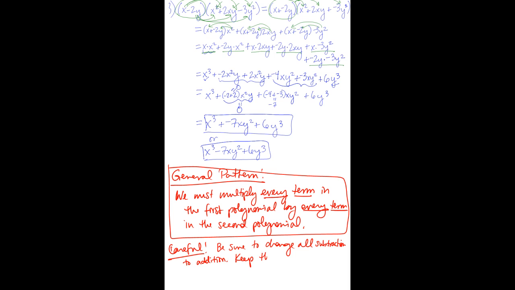Keep the negative sign with the correct term. Right? And what's the correct term? It's the one that comes after the negative sign is the one that should take it.